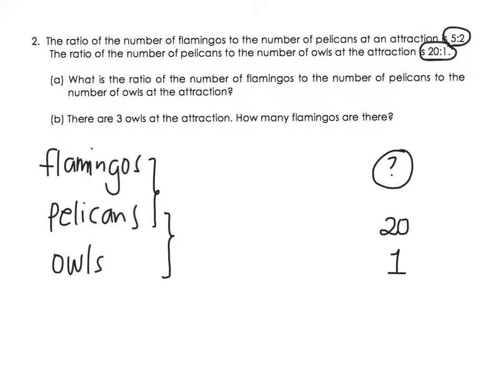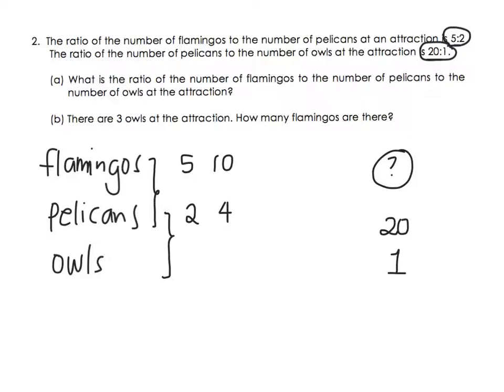And that's why we should make a list. And it's easy to make a list by going through the ratio of flamingos to pelicans first. Let's try that. If there are 5 flamingos, based on the ratio, there are 2 pelicans. If we double it to 10, there will be 4 pelicans.